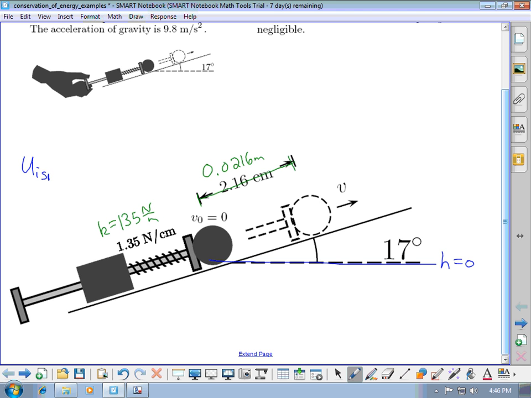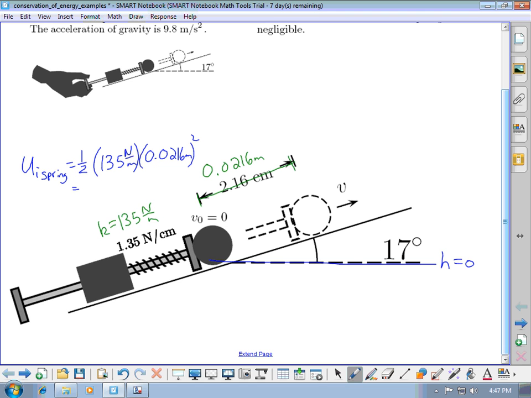So initially, there will be spring potential energy and there will be no gravitational potential energy. So the initial spring potential energy is 1/2 times the spring constant of 135 times the distance the spring is compressed, and that is the 2.16 centimeters along the incline. So it's 0.0216 squared.